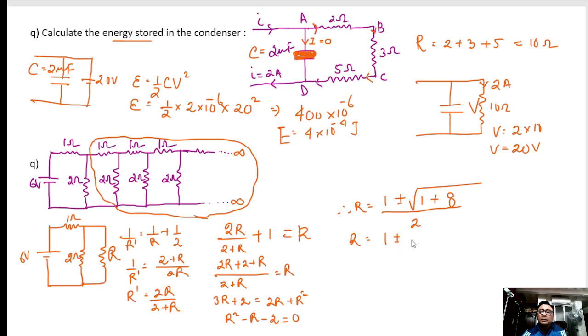So 1 plus minus 3 by 2. Taking the positive sign, we get 4 by 2, so R is 2 ohms. This is the net resistance of this circuit. Clear?